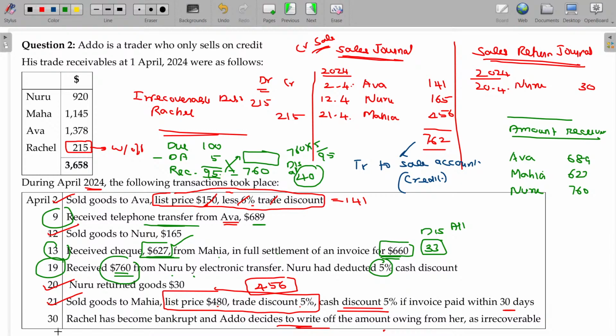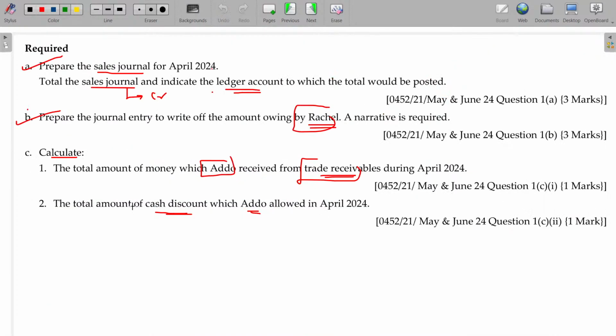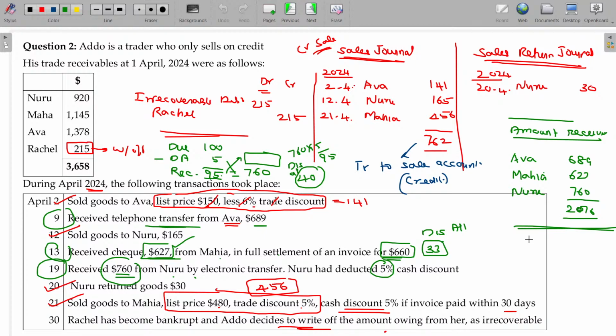Clear? Now, the first question is all about what is the amount collected. Only 3 amounts were collected, so you have to add up these 3. If you add up the 3, the amount collected is 2076. Clear? The last question is the total amount of cash discount. We never bother about the trade discount. You have to be careful to understand the difference between trade discount and cash discount. So, we are talking about cash discount only.